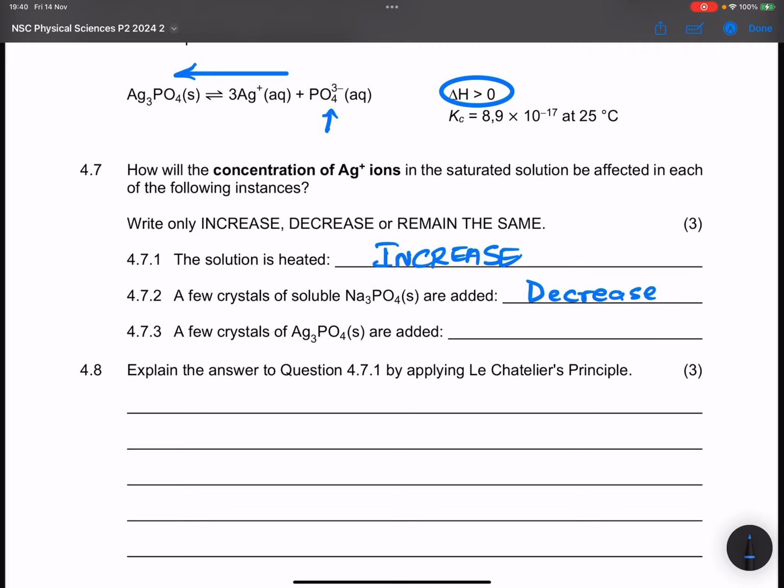Okay, and they say a few crystals of silver phosphate are added. Now, ladies and gents, I want you to note that silver phosphate is a solid. So in that case, even if you add more of it, nothing will happen to the concentration. So in that case, it remains the same.